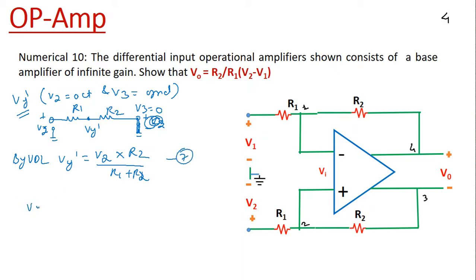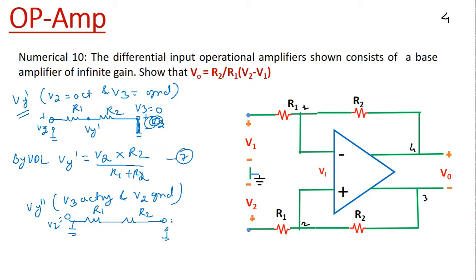Now we find out Vy double dash. So for Vy double dash, V3 is acting and V2 is ground. So the circuit diagram will look like this. Now this V2 will be ground, V2 equal to 0. Here one resistance is there, that is R1. Then R2 will come. Then here the voltage V3 will come.